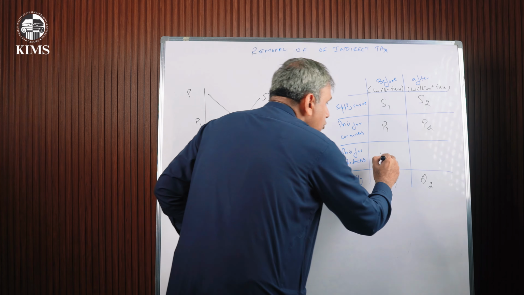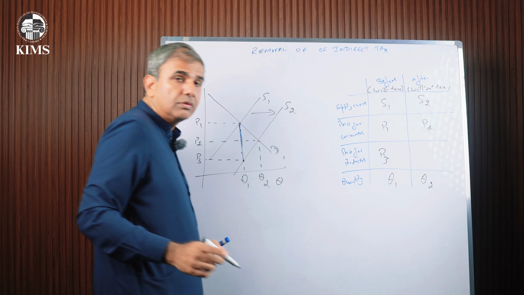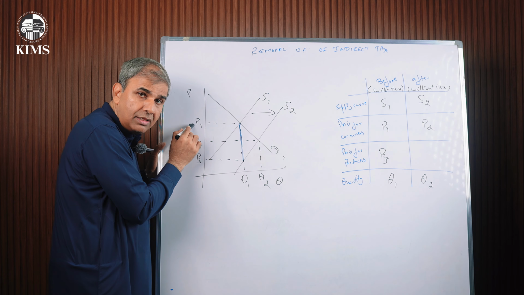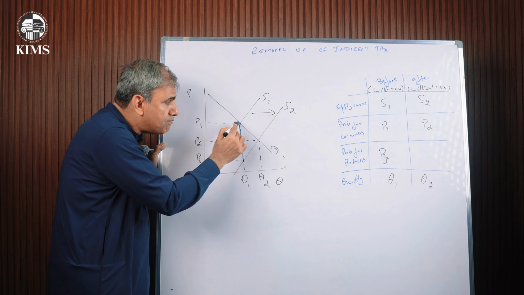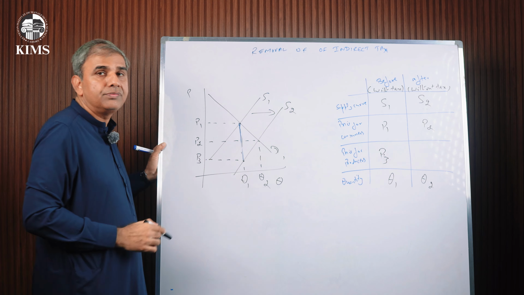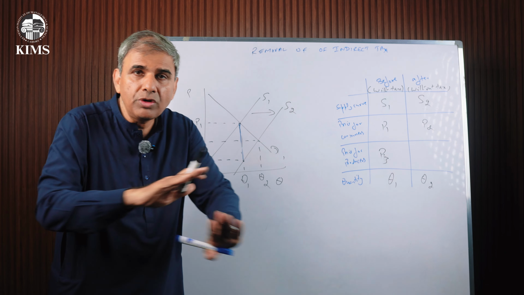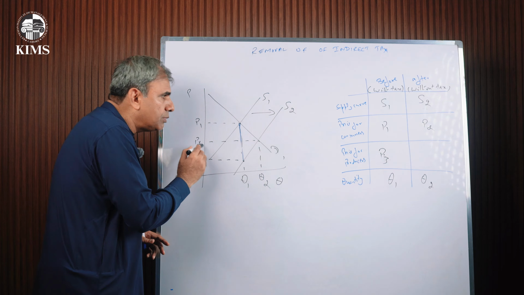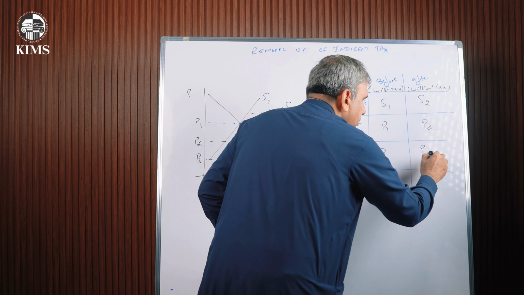So before the removal of tax, consumers were paying P1, but producers were getting P1 minus tax amount, P3. After the removal of tax, now there is no tax. Tax is completely removed. Price paid by consumers is P2, and that also becomes the price received by the producers.